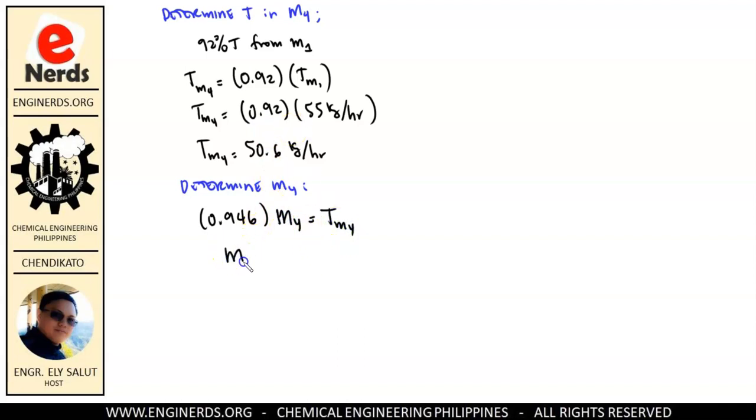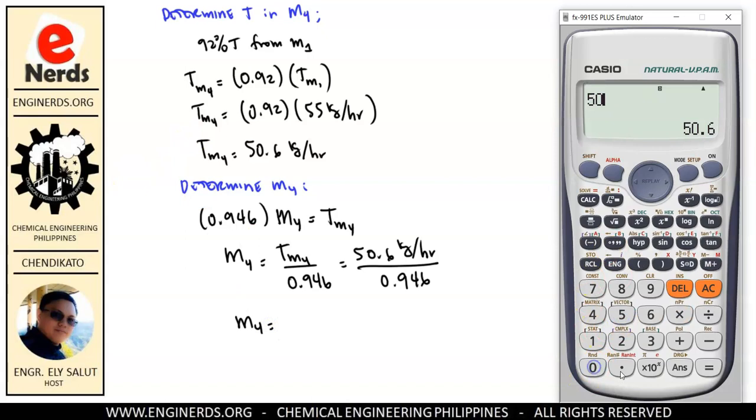Okay, so that means our M4 is equal to our toluene in M4 divided by 0.946. But we know the value of our toluene in M4, which is 50.6 kilogram per hour. So let us divide that by 0.946. So therefore, our M4 is equal to 50.6 divided by 0.946. And this is equal to 53.488.